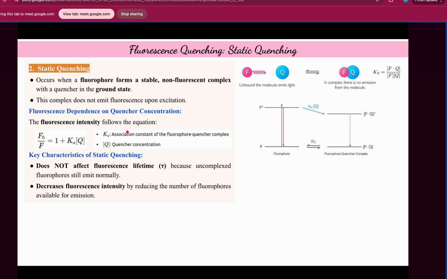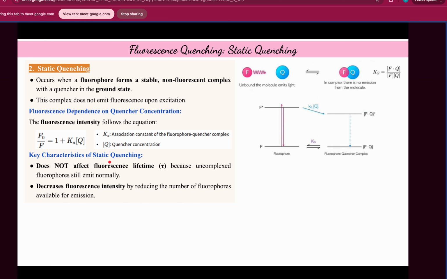And in this case, the fluorescence intensity can also be calculated using the Stern-Volmer equation. It can be written as F naught by F, where F naught is the intensity without quencher and F is the intensity with quencher, equals 1 plus KA Q, where KA is the association constant. So if there is a stronger association, the intensity will also be less, because it quenches the fluorophore and does not allow it to emit any radiation.